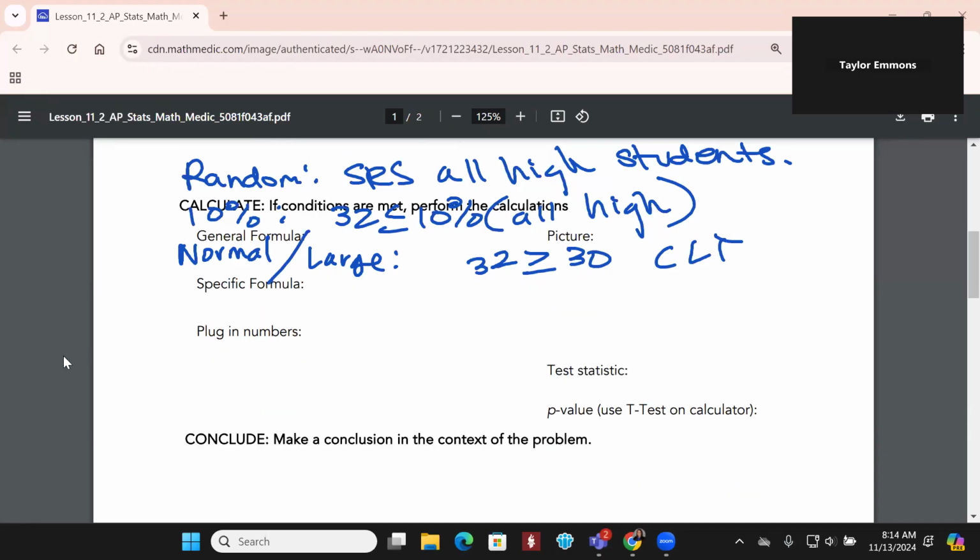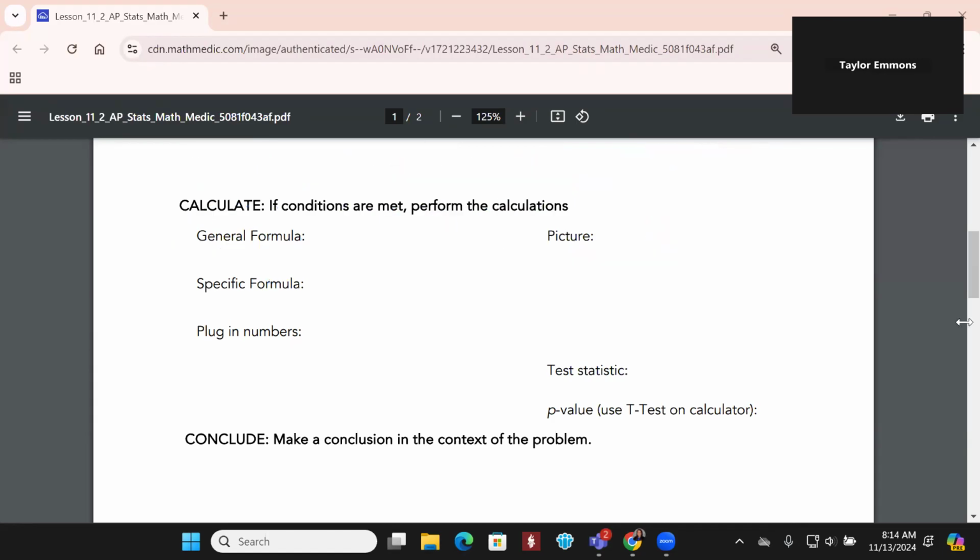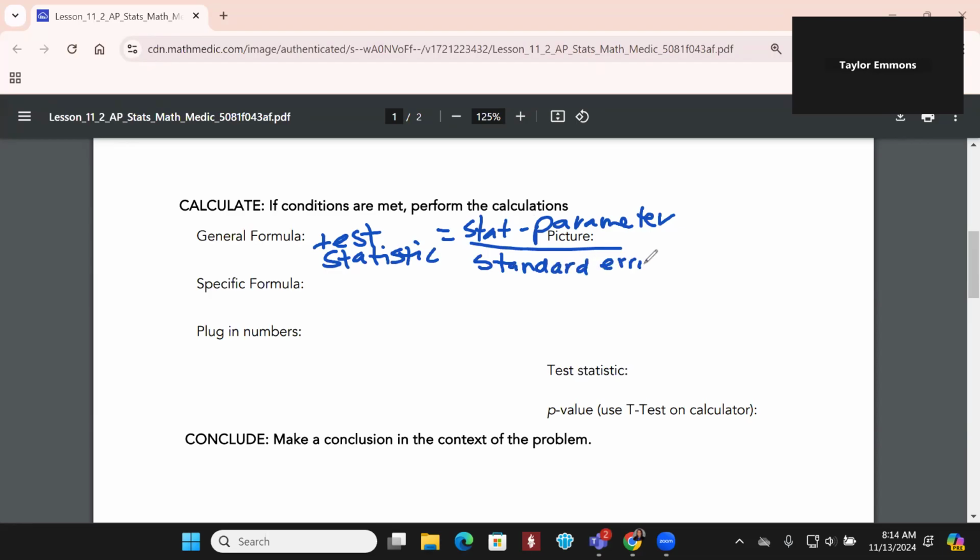All right. The general, specific, and plug-in numbers, all this stuff. The general is going to be the test statistic is equal to the statistic minus the parameter over the standard error. Remember, standard error and standard deviation are the same but different, but still same. What's the difference?